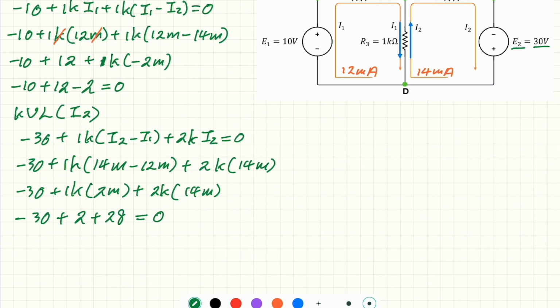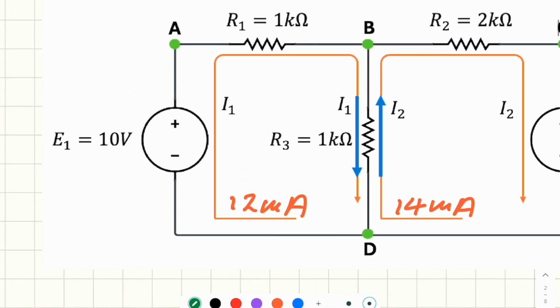Now we want to use the mesh currents I1 and I2 to find out the real current passing through the components. So let's first look at R1. Across R1 there's only one mesh current, which is I1. So for R1, I1 is the real current passing through it.